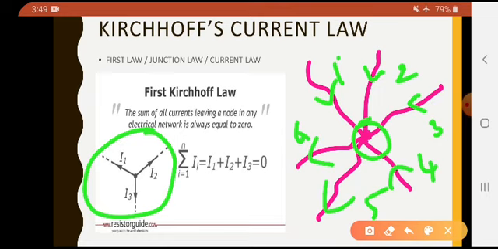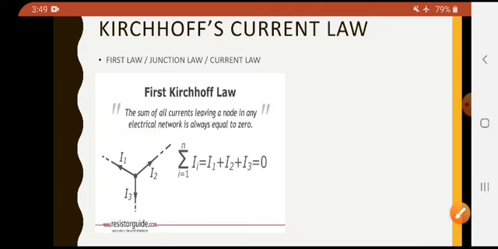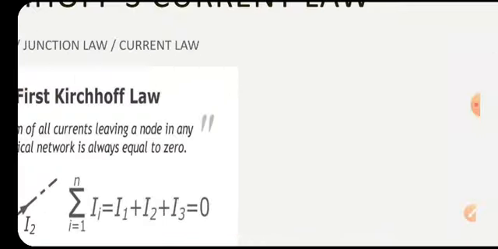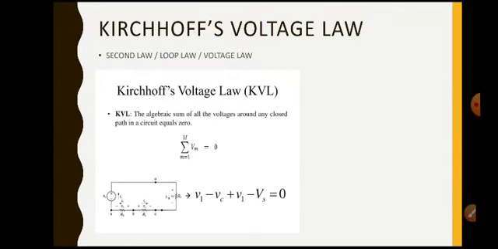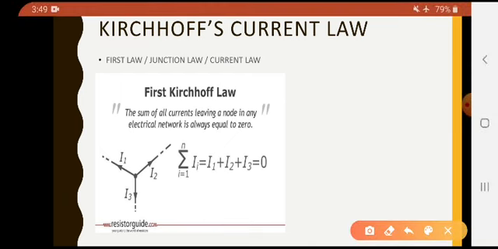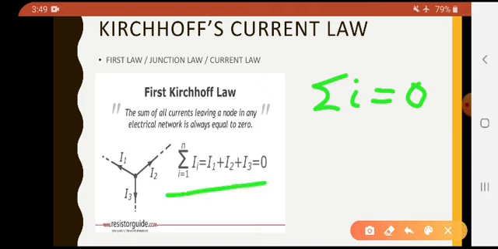The first law says that the algebraic sum of all the currents meeting at any junction is equal to 0. For example, here I1, I2, I3 are the currents whose sum is 0.